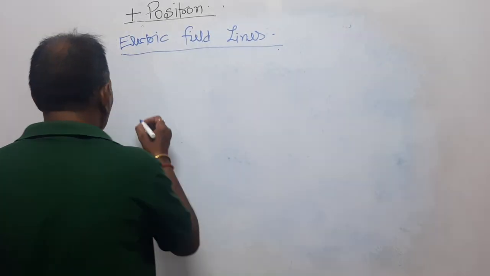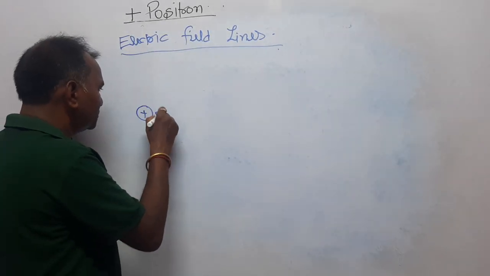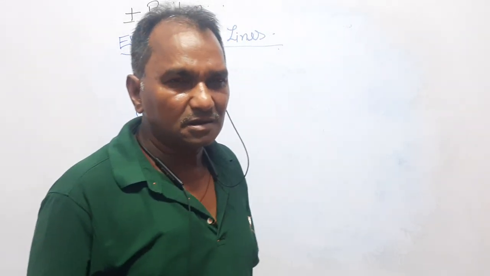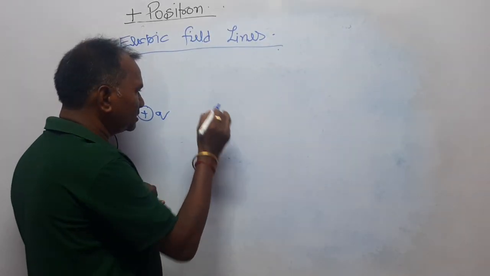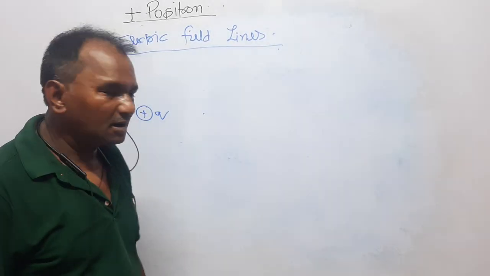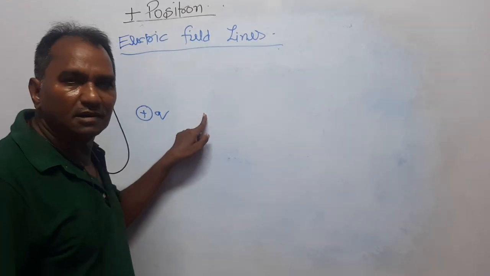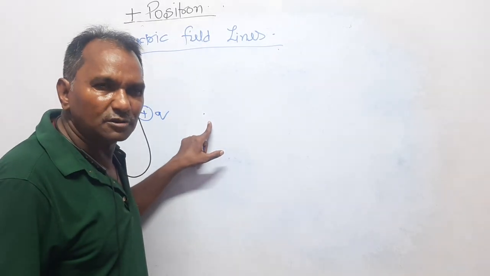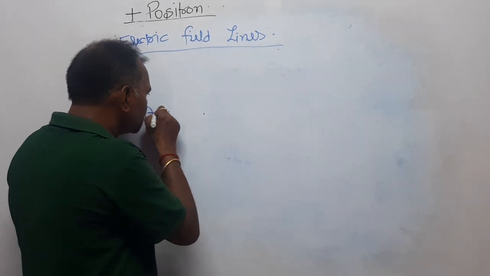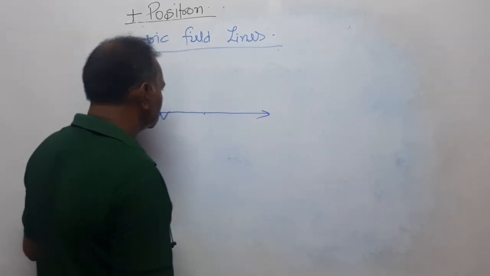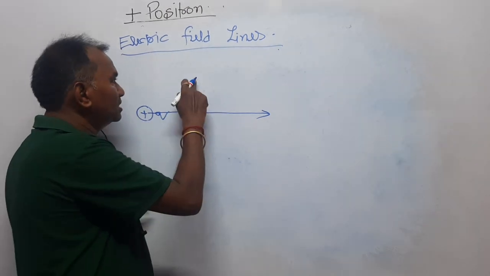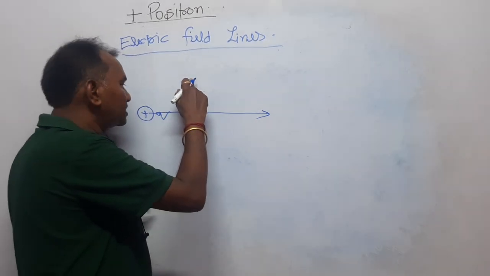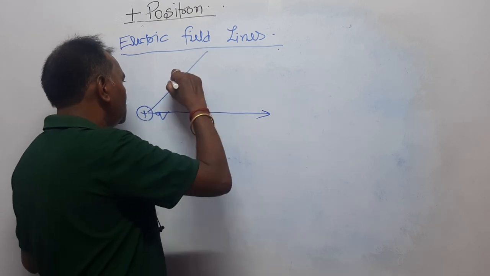Consider first an isolated positive charge plus Q. Now, if you want to find out the direction of the field here due to this plus Q, just put here the positive test charge, and this positive test charge will be repelled along the line joining this.